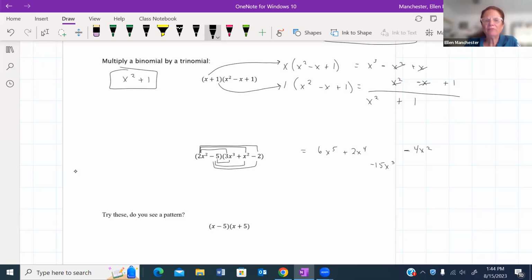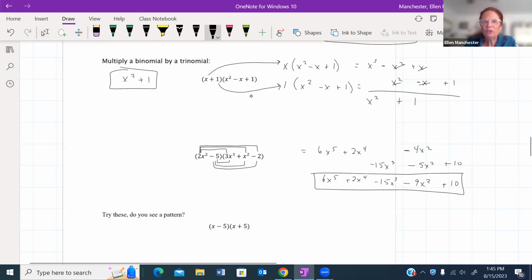Okay, so negative 5 times x squared is a negative 5x squared. So now I can line them up under the columns. And then negative 5 times negative 2 is a plus 10. And now I can add everything up. So nothing to add to x fifth, nothing to add to 2x to the fourth, nothing to add to the -15x to the third. But now I have negative 4 and negative 5x squared. So I have negative 9x squared and nothing to add to the 10. So that is the correct answer.